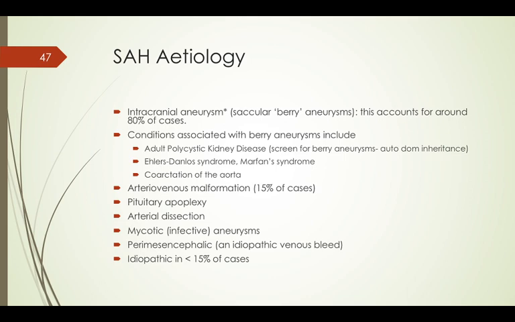You've got the collagen-related diseases, Marfan's, Ehlers-Danlos, and aortic coarctation as well. Causes may also include AV malformations, splitting of the arterial walls, mycotic aneurysms in things like SBE or subacute bacterial endocarditis. So yeah, those are the main causes.